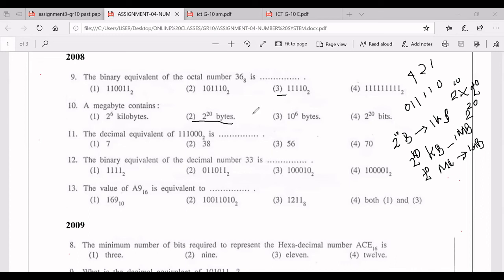If I ask you a question just like this, how many bytes are there in 2 megabytes? I want that as a power of 2. How many bytes are there in 2 MB?